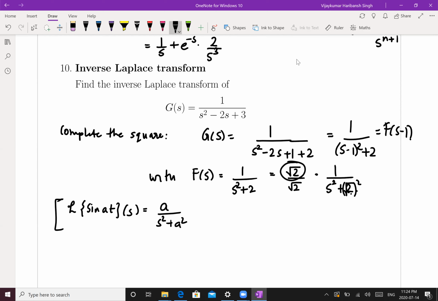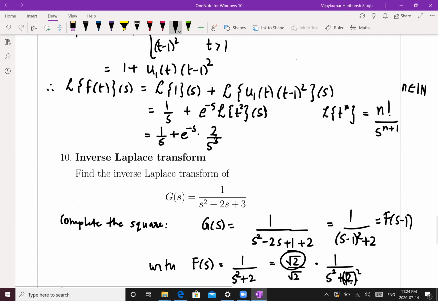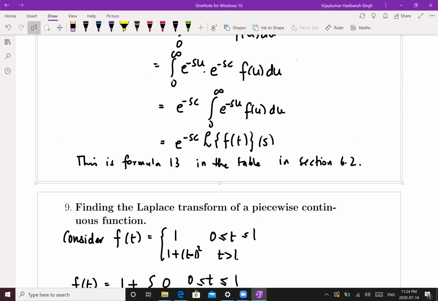Therefore we have the Laplace inverse of G of s is the Laplace inverse of F of s minus 1. Now, what is the Laplace inverse of F of s minus 1? From here you can read that the Laplace inverse of F of s minus 1 will involve e to the power t.